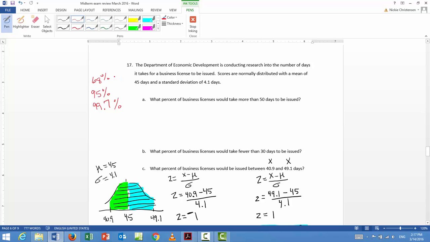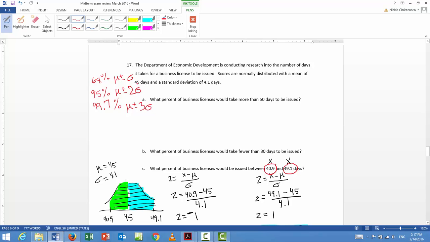It tells us 68% of the data is between mu plus and minus 1 sigma, 95% of the data is between mu plus and minus 2 sigma, and 99.7% of the data is between mu plus and minus 3 sigma. So if we look at the two numbers this problem gave us, 40.9, look at our mean.